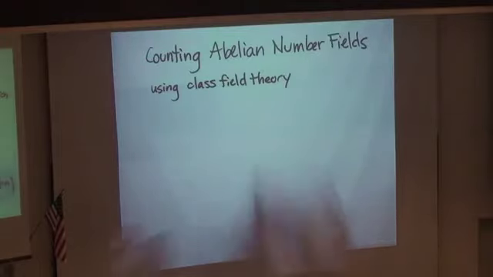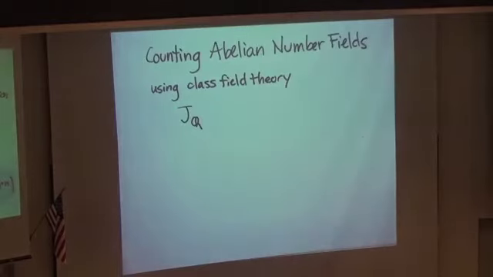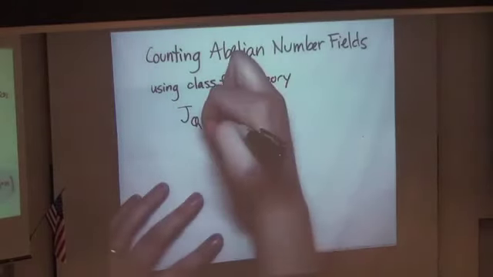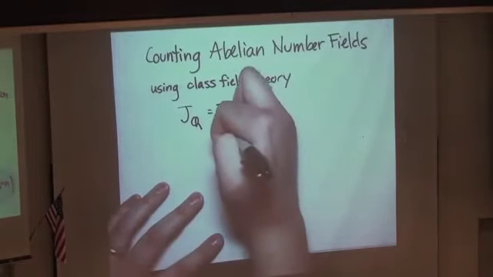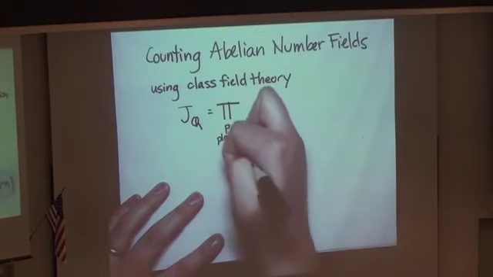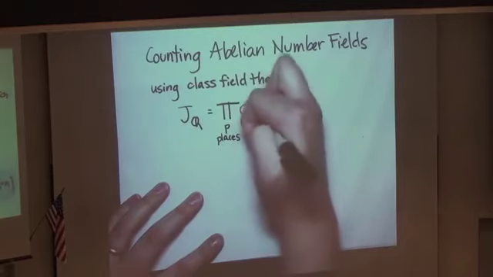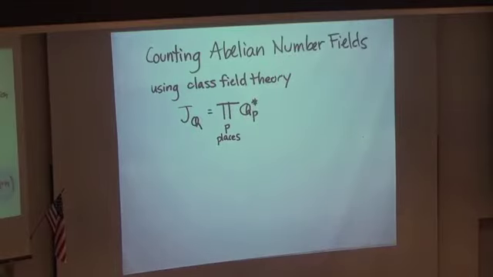So what does class field theory tell us, for example, about quadratic number fields? I'm going to use J_Q to denote the Adele class group of Q. So that's the product over places, so I'm including the infinite place, of Q_p star. Remember that Q_infinity was the real numbers.